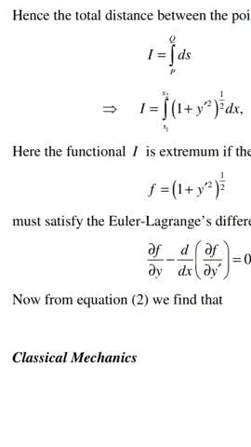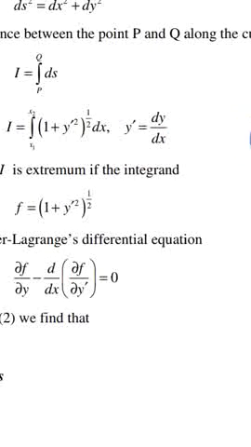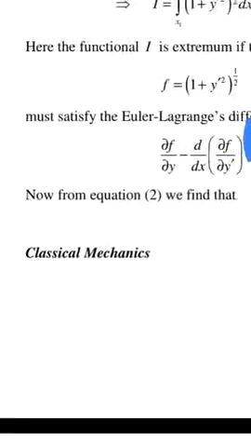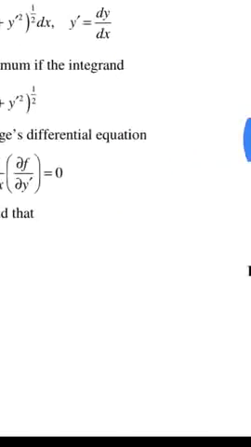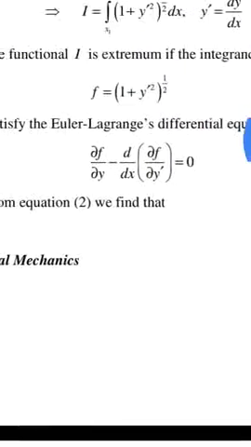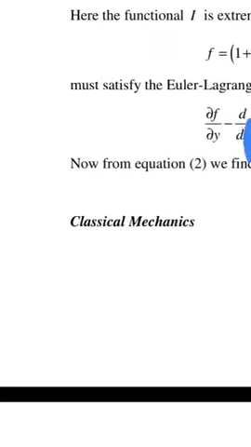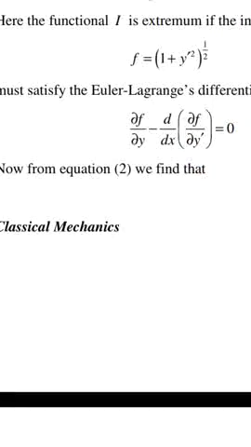In terms of x as the independent variable and y as the dependent variable, therefore I is equal to the integral from x1 to x2 of (1 + y'²)^(1/2) dx, where y' = dy/dx. Here the functional I is extremum if the integrand f = (1 + y'²)^(1/2) must satisfy the Euler-Lagrange differential equation.